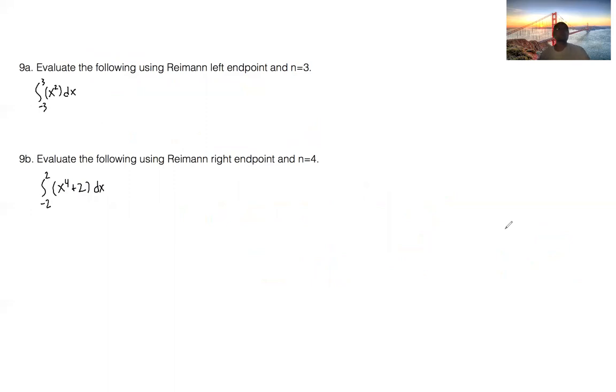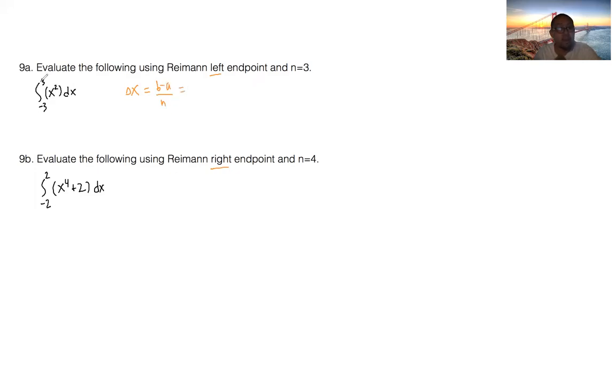All right, so when you're evaluating integrals, in this case definite integrals because you're given an interval, right? Using Riemann endpoints, left and right are going to determine what your sample values for x are. So we said that you can calculate delta x for the change in bars by this equation, delta x equal to b minus a over n. n is the number of subintervals you want.